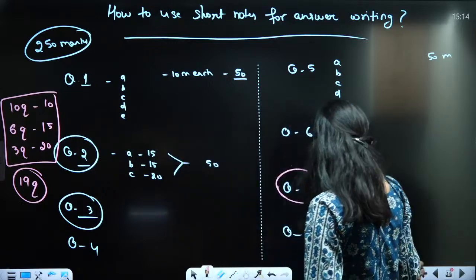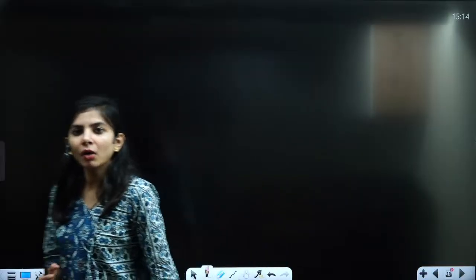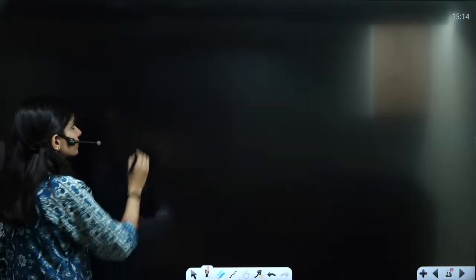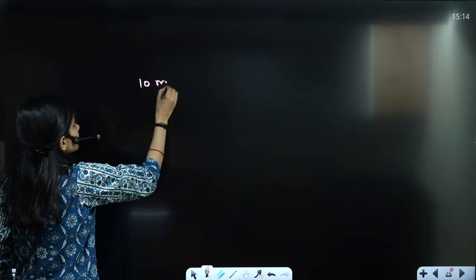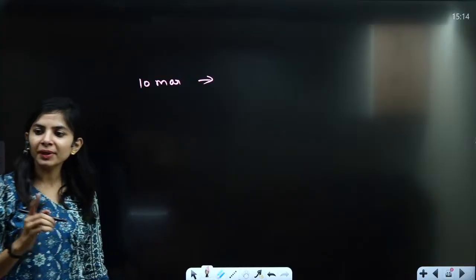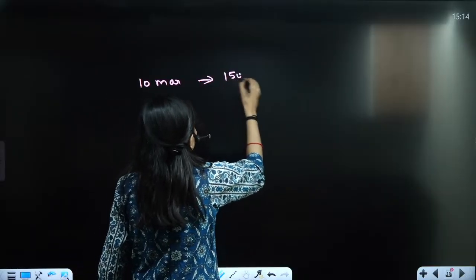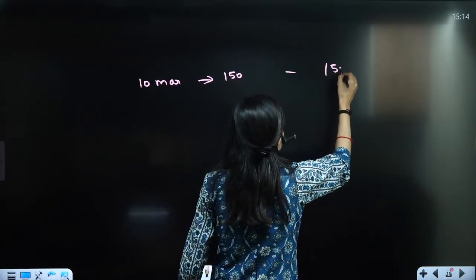Now you need to prepare your approach accordingly. How and in what way? Based upon this format, a 10 marker question should be written in 150 words. So 150 words each, around 1500 words.